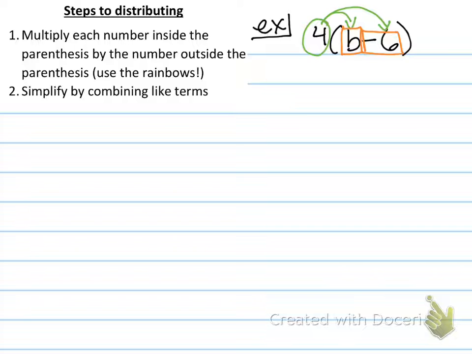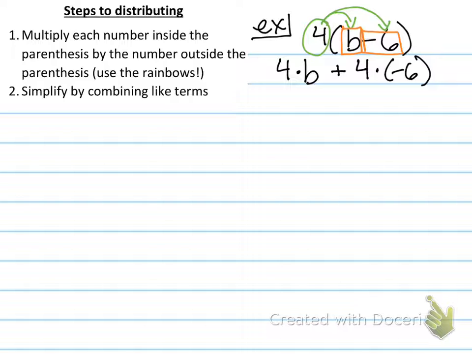So now we need to do our multiplication. We are going to multiply 4 times B. And then we need to add 4 times -6.